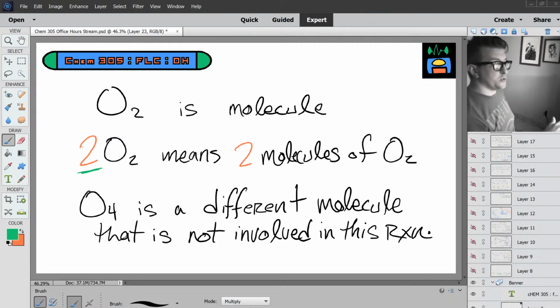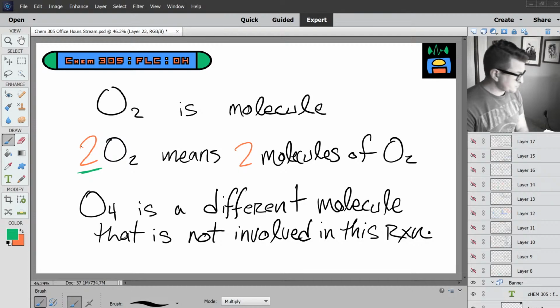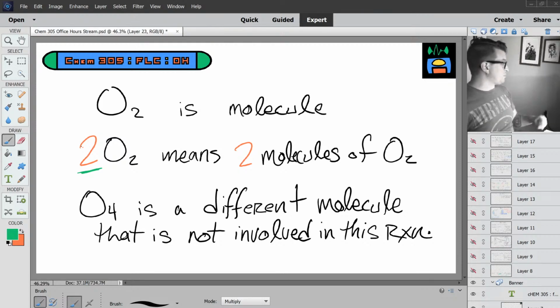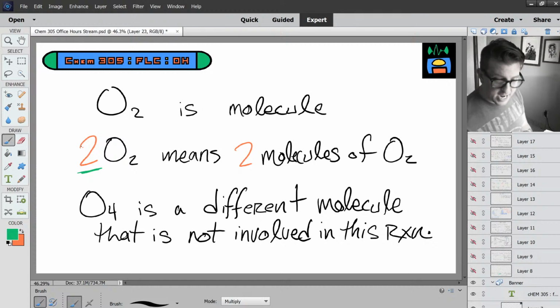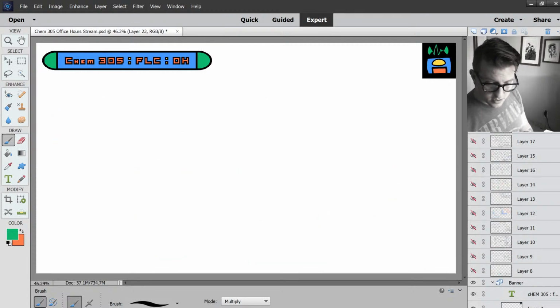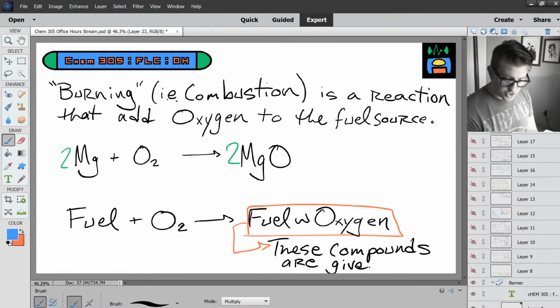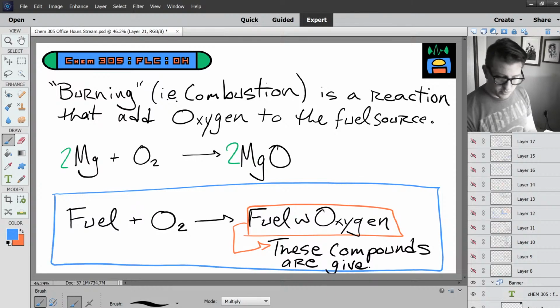So yeah, they give you the identity of every product formed, because there's no way at this moment in time that you would be able to determine what each product is. So all of those are provided in the table under experiment conclusion, under the word equation part. They put the identity of the product in parentheses for every reaction. Let's see, I know I had it right over here. It's just right here. Fuel plus oxygen. Fuel reacts with oxygen to make fuel with oxygen. These compounds are given. There we go.